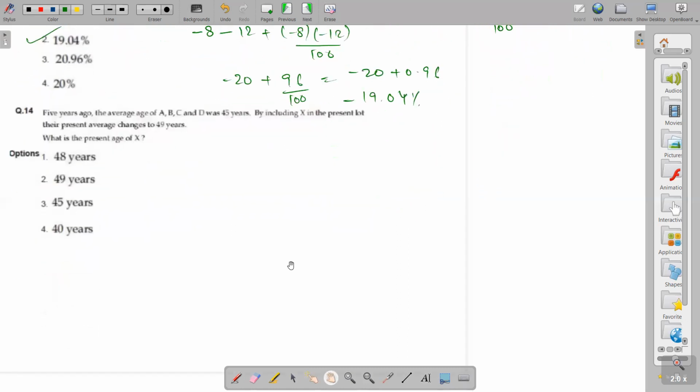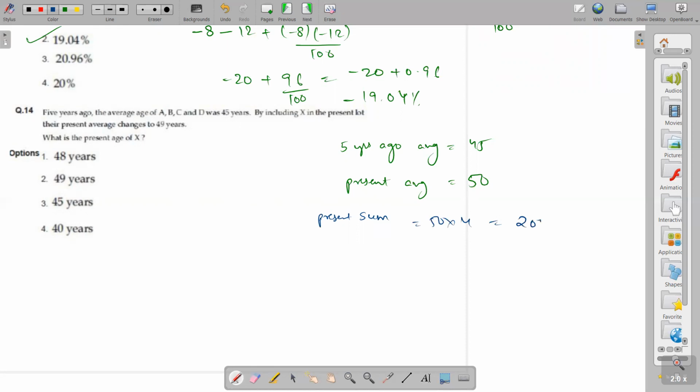Next question. 5 years ago, the average age of A, B, C, D was 45. So the present average will be 45 plus 5, which is 50. So the present sum will be 50 into 4, which is 200.